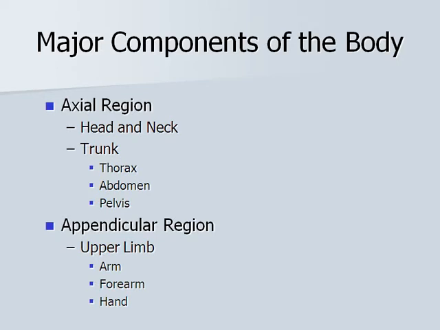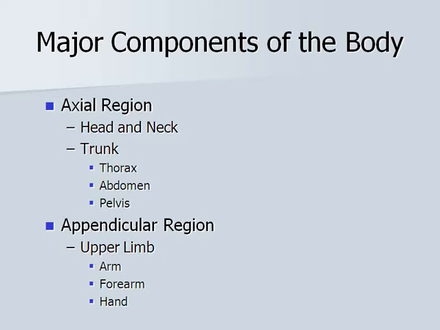And what sticks off of the axial region are the appendicular regions. An appendage, or appendicular, is something that comes off the main part. So the axial region is the main part, the central part. And then we have things that stick off of it. We have upper limbs and lower limbs. So this is not your arm anymore. When you refer to this entire structure now, this is your upper limb.